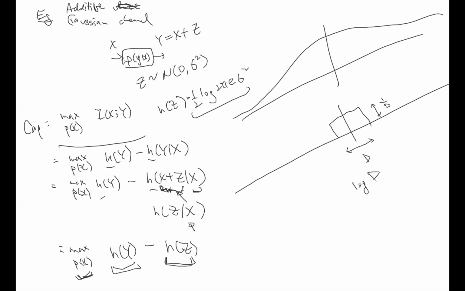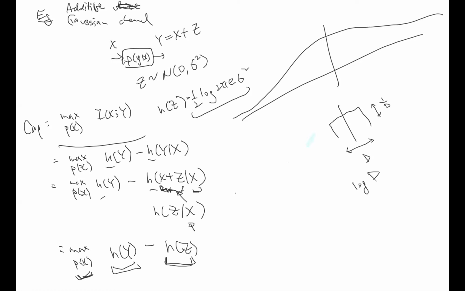Therefore, if you continue to spread, you can actually get the entropy to be unbounded, to get to infinity. This means that this will not be a well-defined problem, because the solution will be infinity if we allow X to be unconstrained.